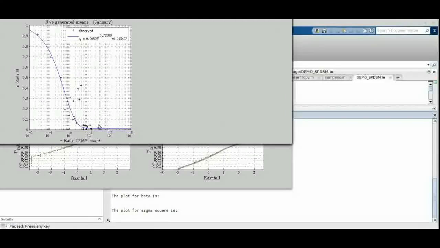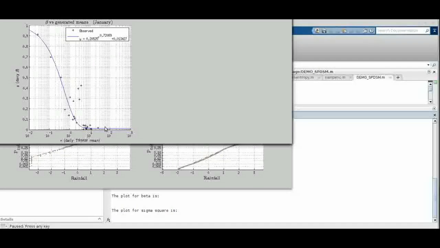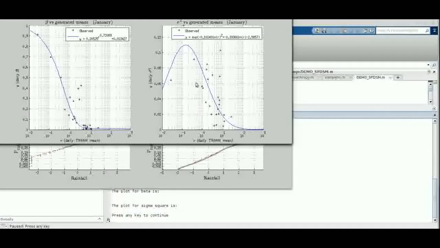And we observe that it fits the empirical curve defined for the parameter beta, which is the one obeying the following equation. We repeat the same procedure for the parameter sigma, and we observe similar results, although the sigma parameter is a little bit more spread out with respect to the fitting curve.